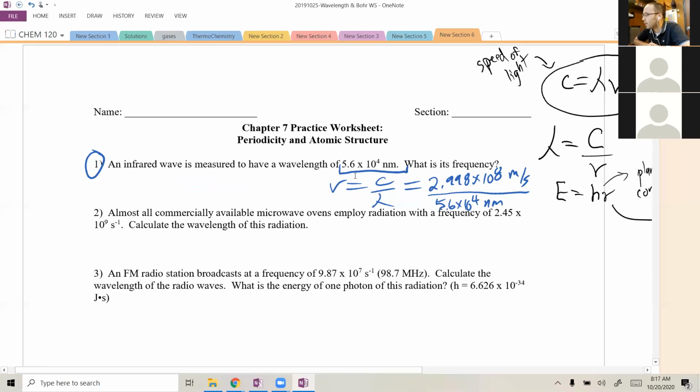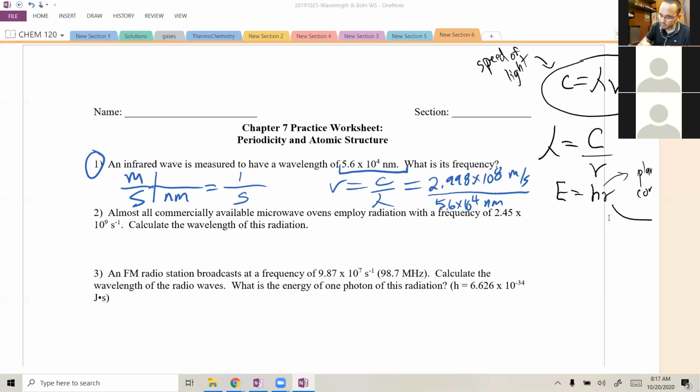If we're looking at these units, we have meters per second, and we have nanometers. The units for frequency are 1 over seconds, right? So we need those meters to cancel out. Is that going to happen with our current setup? Are our units canceling out?